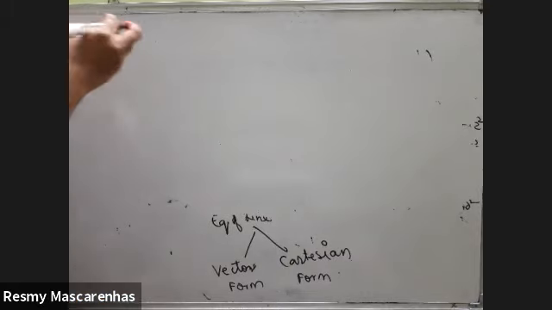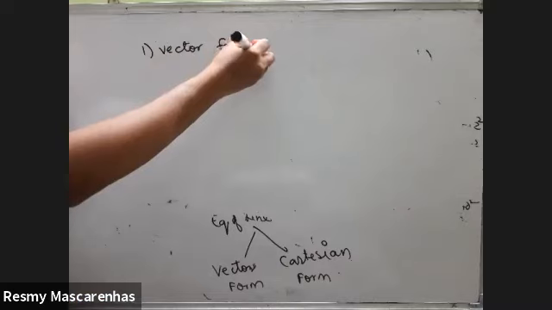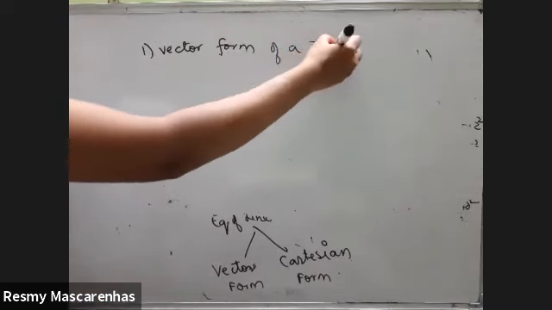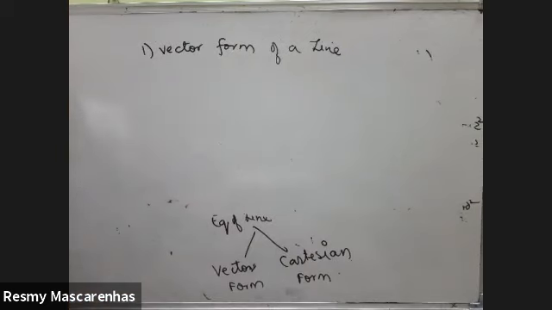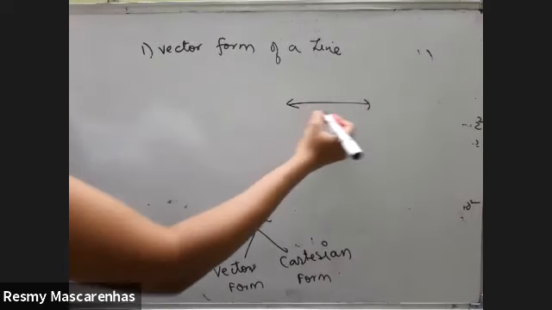So the first one is the vector form. Okay, so if A is the point which is given, and m is the vector given parallel to that line, and r is the position vector of that point on this particular line.